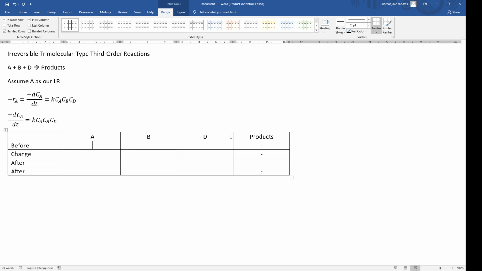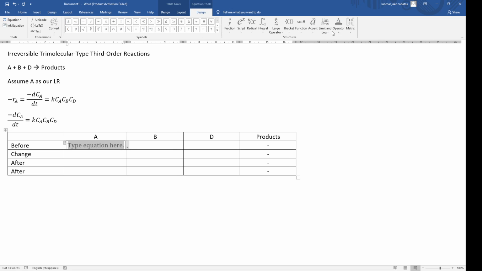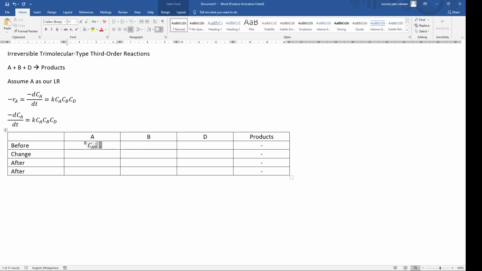So for our A starting, we have CA0. Then for B we have CB0. For this, CD0.